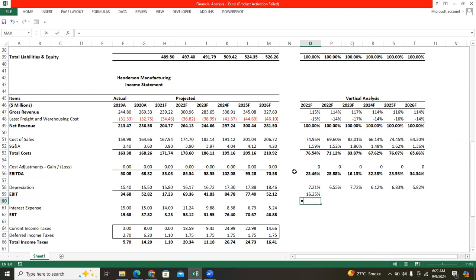Arrive at my EBIT. If I see my EBIT margin, how does it relate to my net revenue? You need to see the things. Going to do the same thing for my workings to see a check balance.